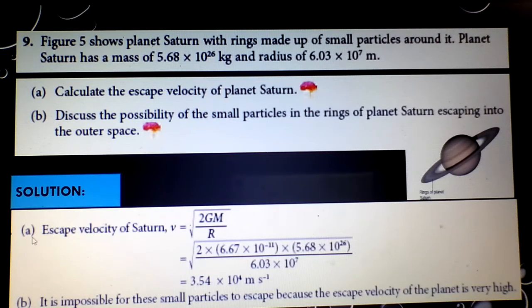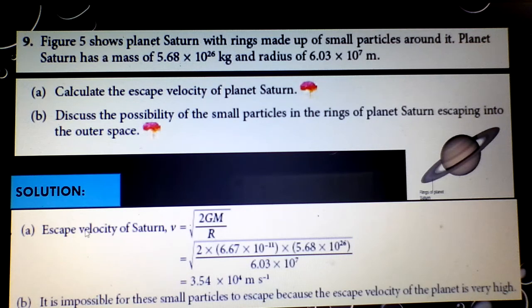Alright, look at the solution for A. In order to solve calculation problems, you must know how to use the formulas that we have discussed in chapter 3. Escape velocity of Saturn: v equals the square root of 2GM divided by r. G is the universal gravitation constant, M is the mass of Saturn, r is the radius of Saturn.